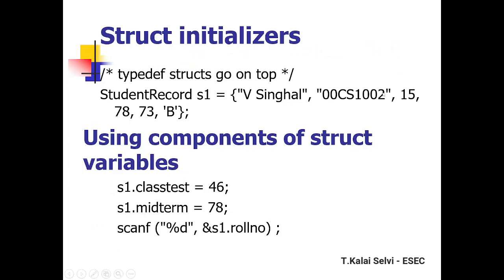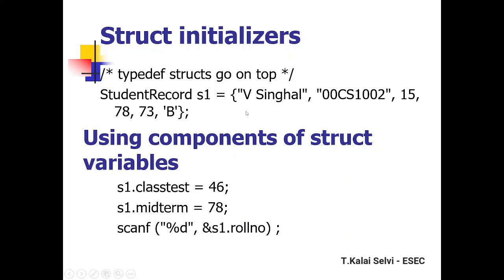Next is structure initializer. So we can initialize the values of the data members of the structure. Here is one example which initializes values for the student record. We have the name of the student, roll number of the student, marks of the student, and grade of the student.